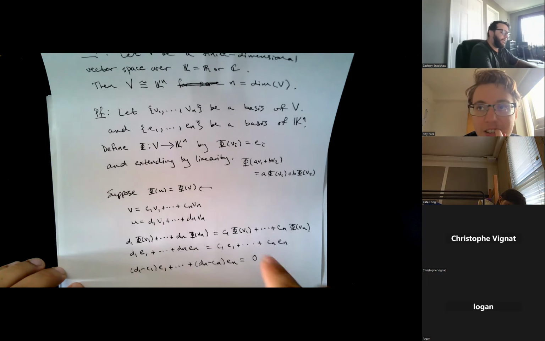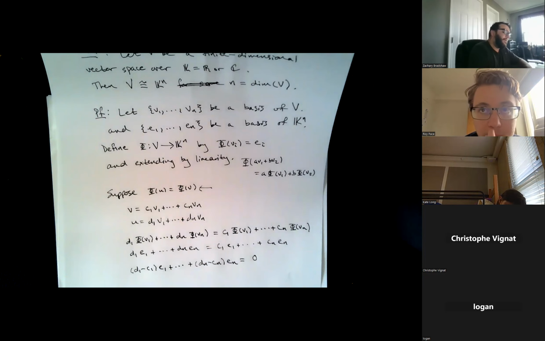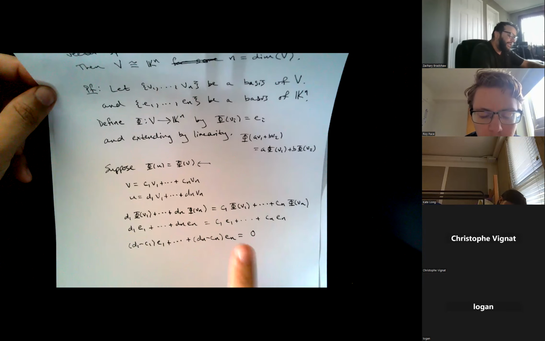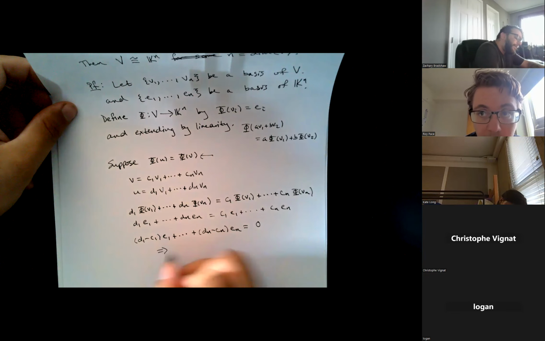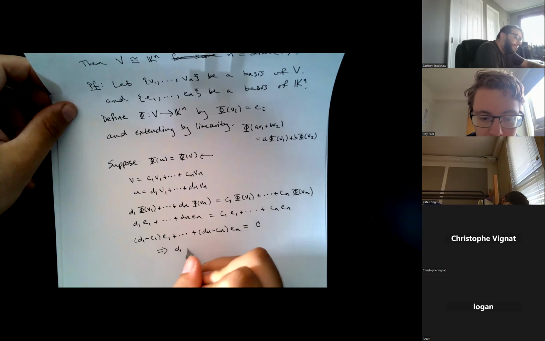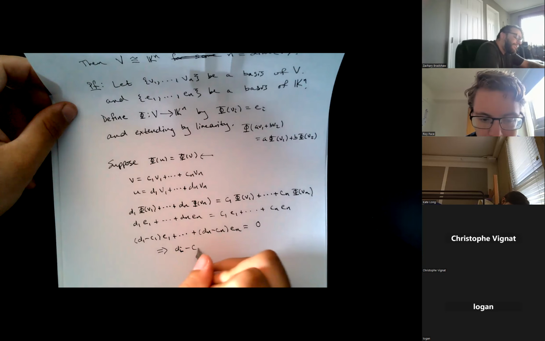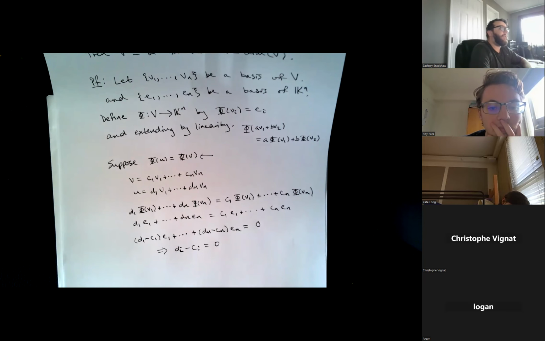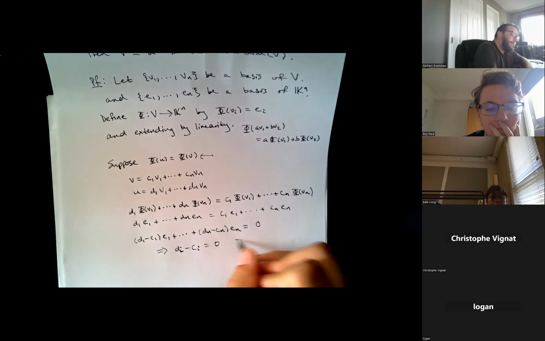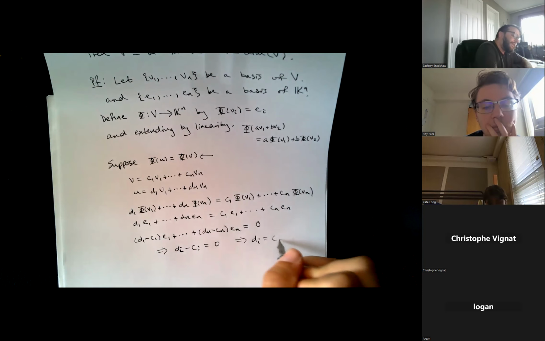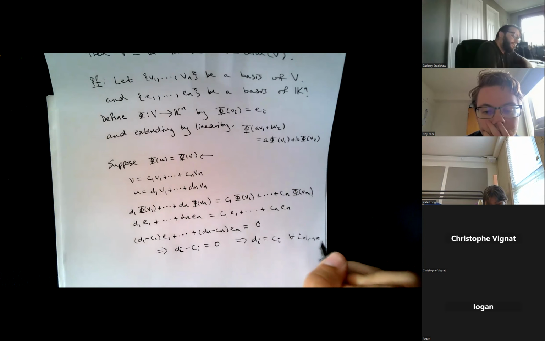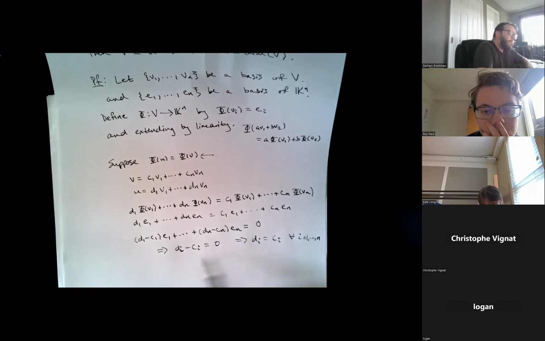So if we subtract the right-hand side on both sides, then we get this equation here, and we know that since this thing is a basis, it's linearly independent, and so that implies that d1, well, in general, di minus ci is equal to 0. Definition of linear independence. And so di is equal to ci for all i. What does that mean?